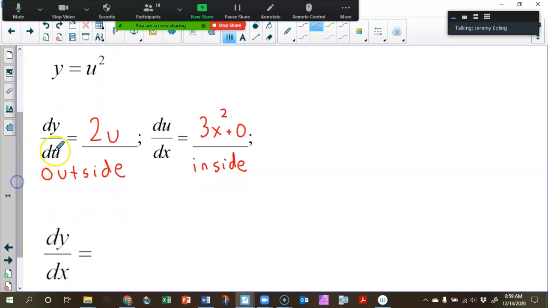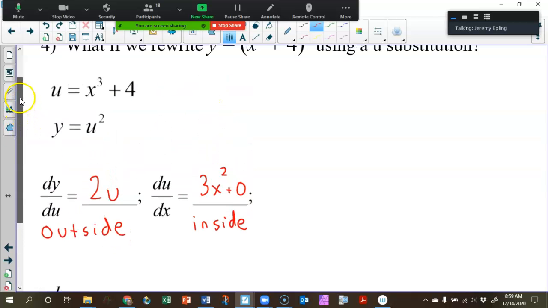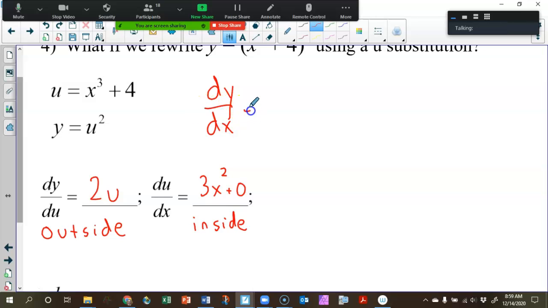And what I want you to notice here is that we already know this derivative. We've already taken it. The derivative dy dx turned out to be 2 times x cubed plus 4 times 3x squared. Well, how do we get that using this u notation and just slope notation?